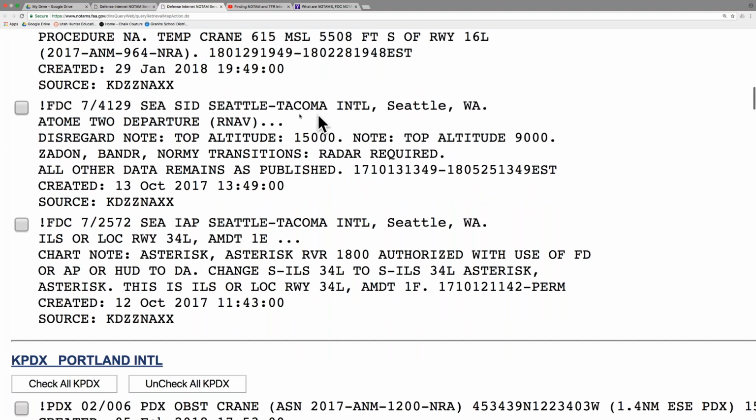This one's saying that the SID, the Atom 2 departure, which is an RNAV departure, okay, it's telling us to disregard the note. Top altitude 15,000 feet. Note the top altitude 9,000 feet. And then here's the different waypoints, right, or transitions. And then it's saying that radar is required.